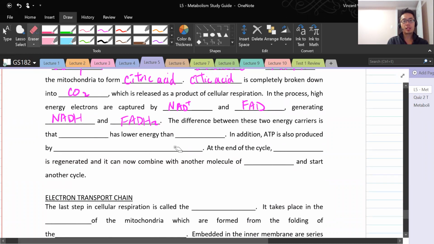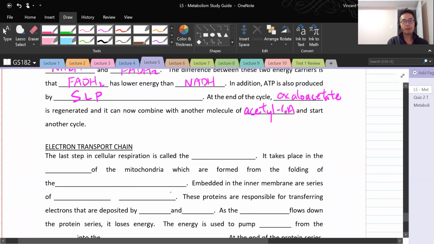The difference between these 2 energy carriers is that FADH2 has lower energy than NADH. Right? This can only produce 2 ATPs, while this can produce 3 ATP. In addition, ATP is also produced in the Krebs cycle by substrate level phosphorylation. At the end of the cycle, oxaloacetate, the 4-carbon compound, is regenerated so that it can combine with another molecule of acetyl-CoA.